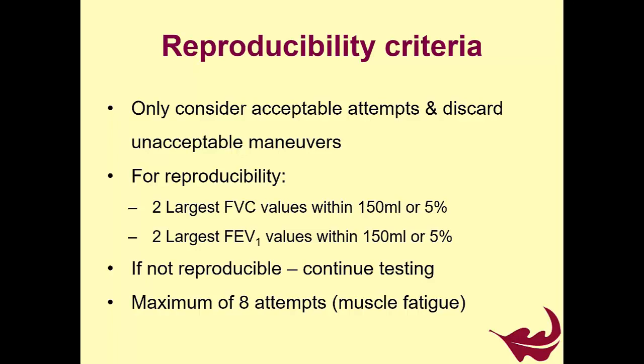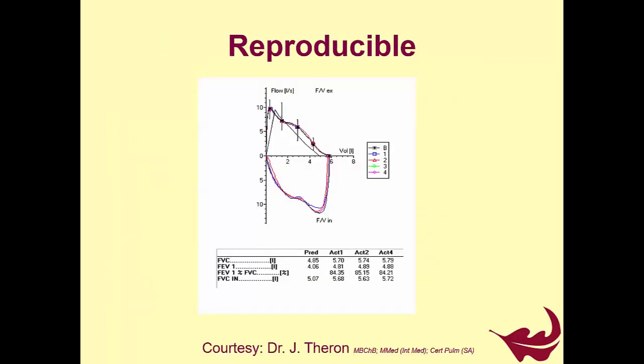Of course, if it's not reproducible, you continue testing, but if you do more than 8 tests, then you get muscle fatigue and you don't get the values that we are actually looking for. So this would be a reproducible one. You can see a number of tests that have been done over here, and you can see they physically overlap.